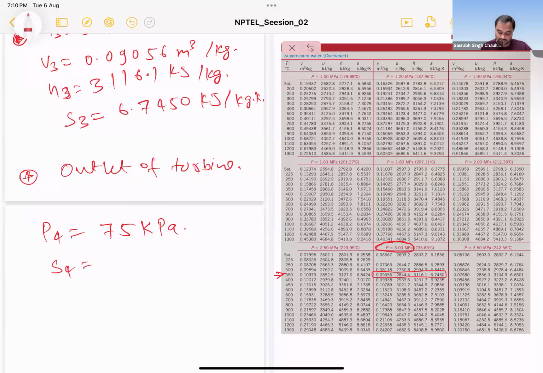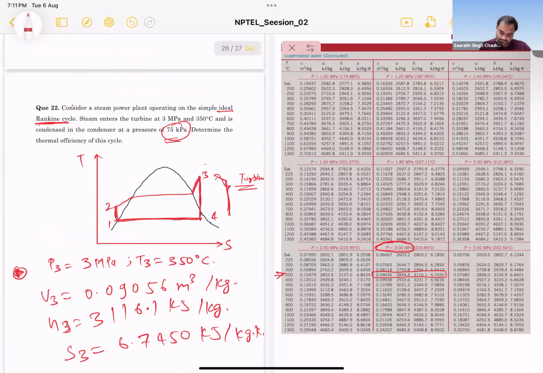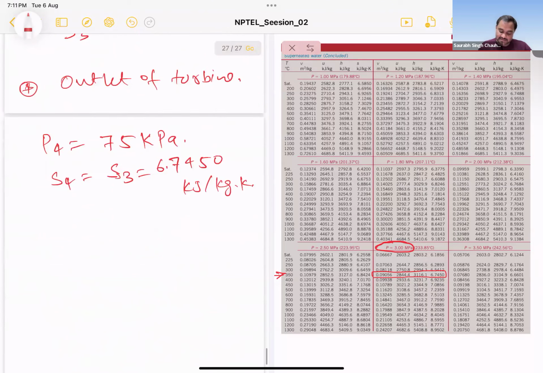Entropy will be equal to entropy at inlet of turbine, S3. Okay, so S4 will be equal to S3. That is given as 6.7450 kilojoule per kg Kelvin. Okay, so from the saturation table, we can find the quality now.